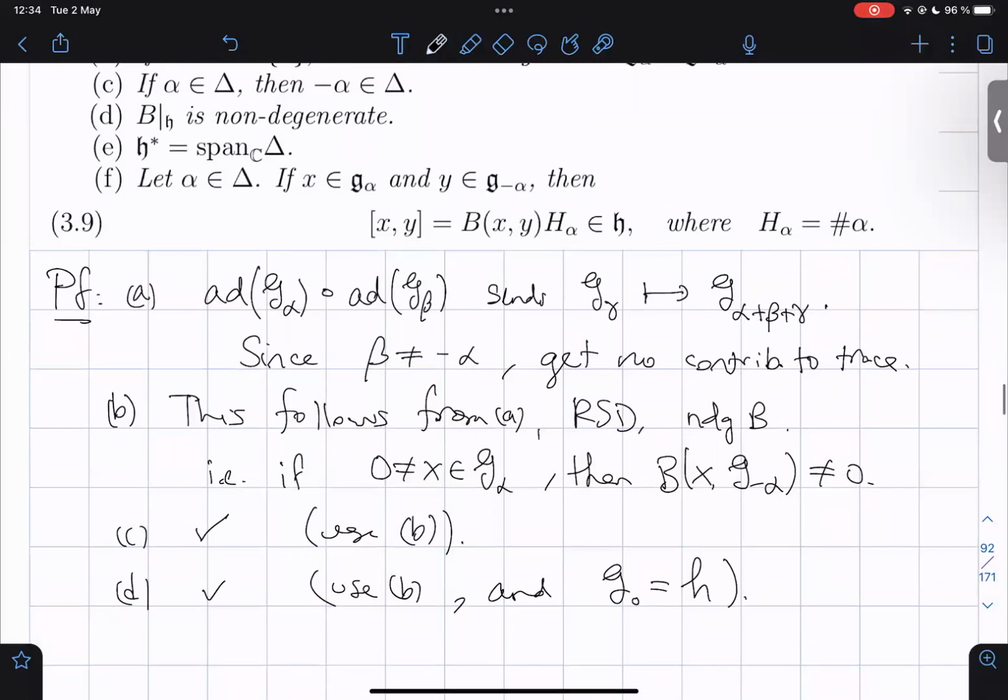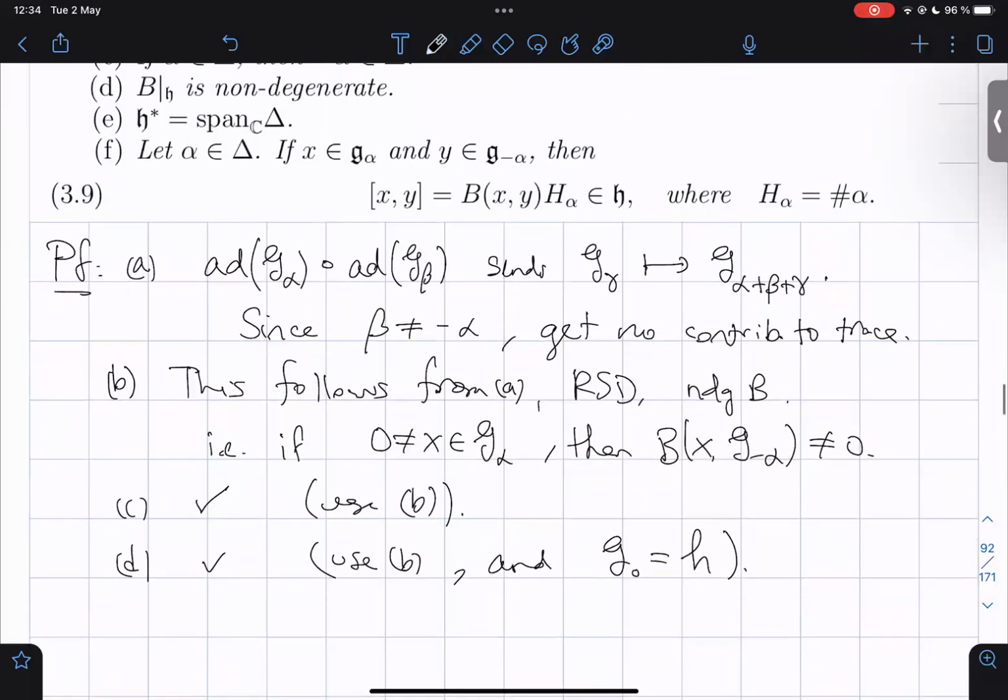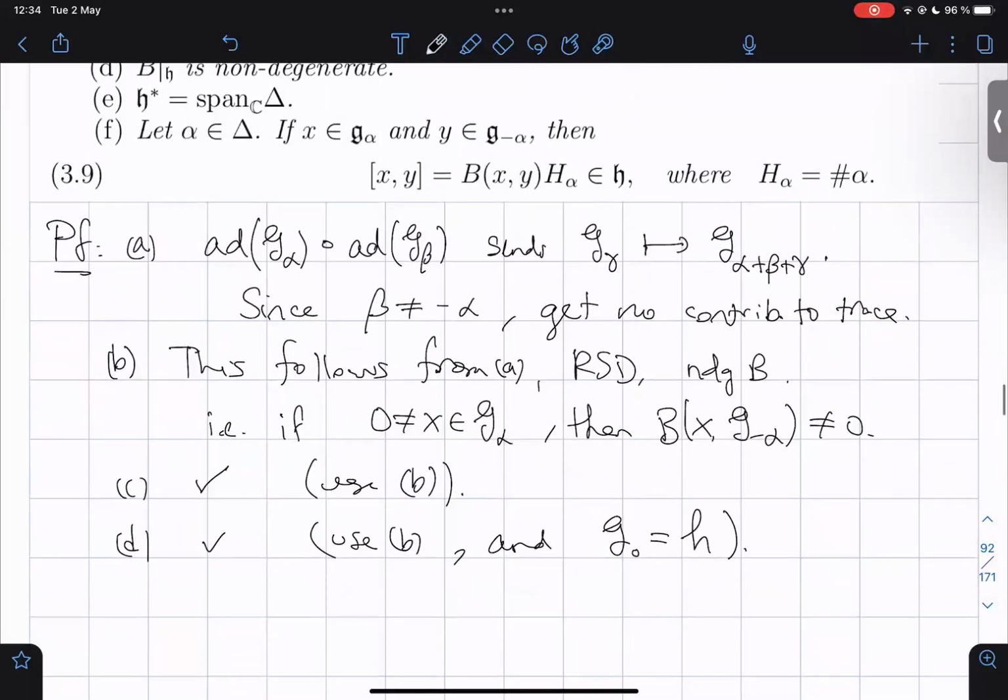So we just have a couple left, and again, they're pretty short, so let's just go through it. H star is the span of delta, the roots. You could assume that it doesn't span the entire thing, but let's go ahead.